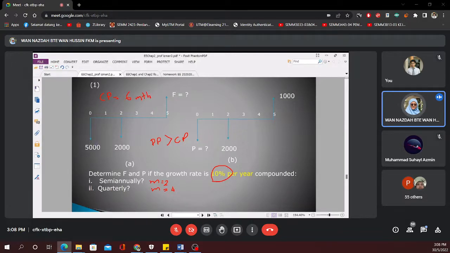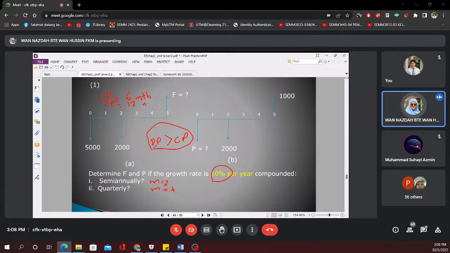And the payment period is that it happens at year 0 and at year 2. So the payment period is 12 months. So the payment period is greater than the compounding period.